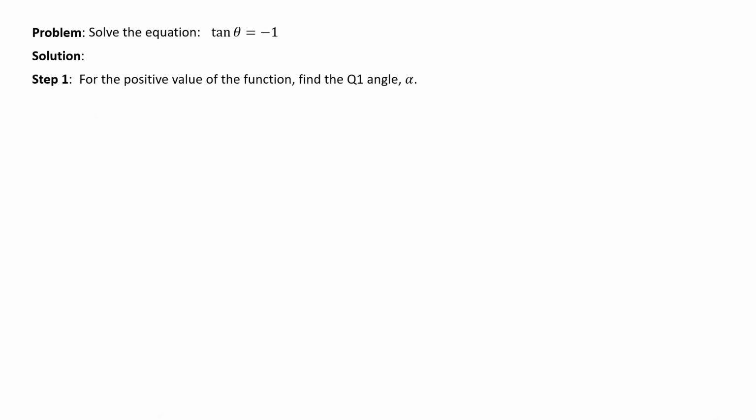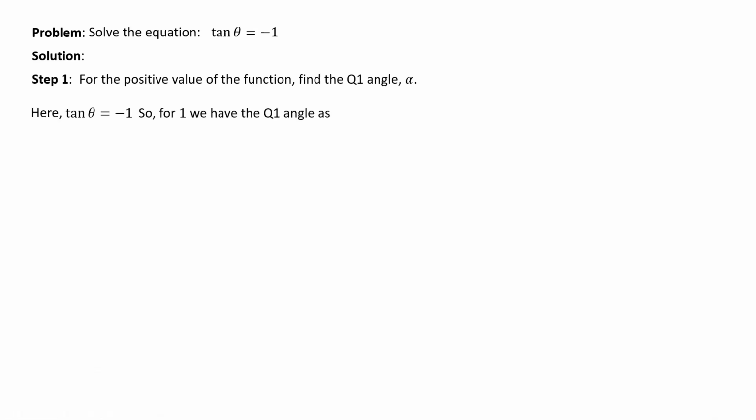All right, next problem. Tangent theta equals -1. Let's look at a different function, not a sine. What was the first step? For the positive value of the function, find the Q1 angle alpha. Here, we have tangent theta to be -1. For the positive value of the function, ignore the negative part.